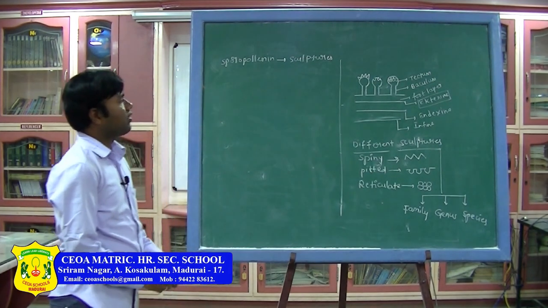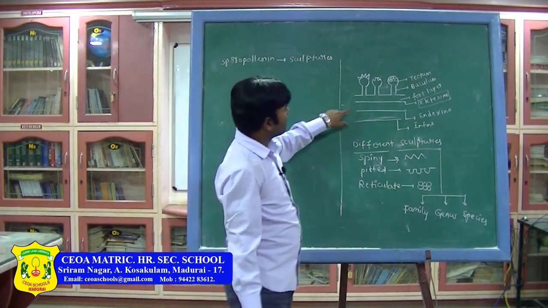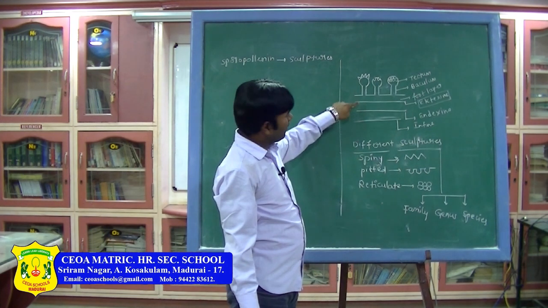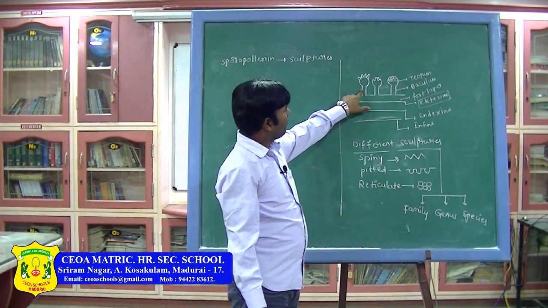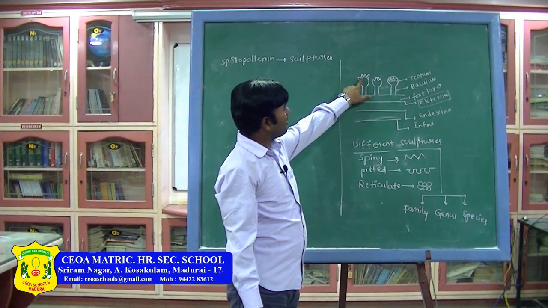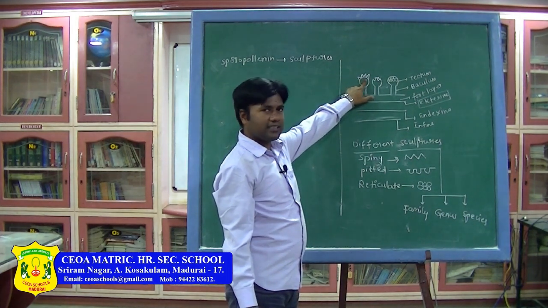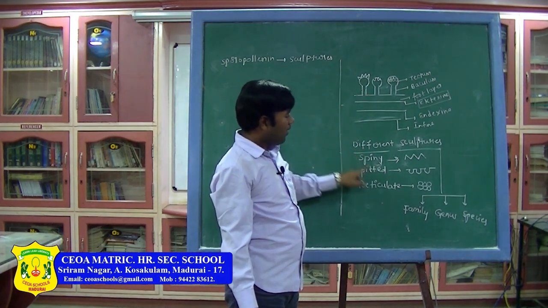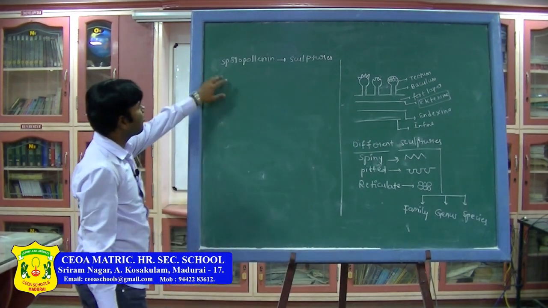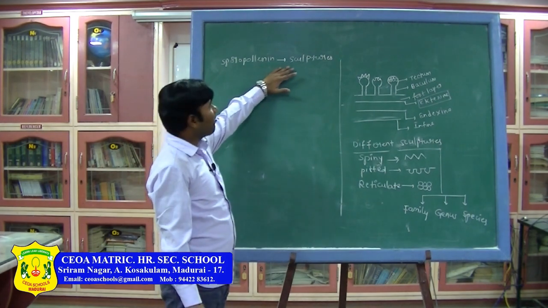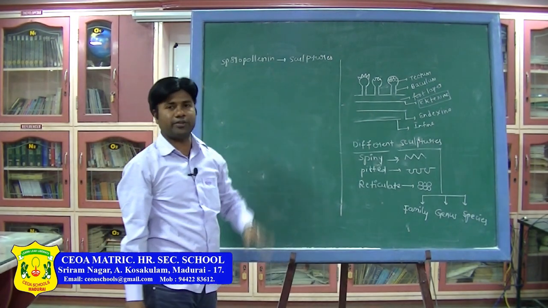So, it is very important to understand the ectexine and endexine. Ectexine has the foot layer, baculum and tectum. On the tectum you can see the sculptures. Sculptures are useful for identification of the family, genus and species. Then sporopollenin is involved in the formation of those sculptures.